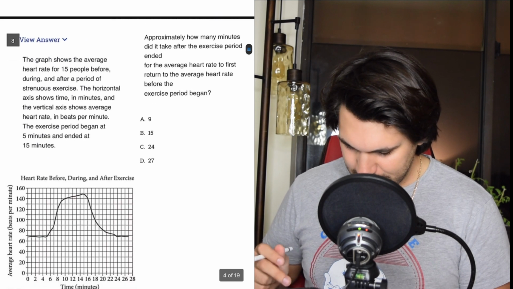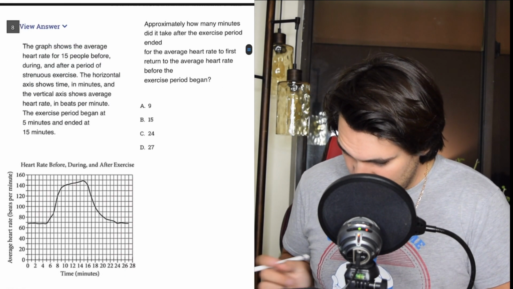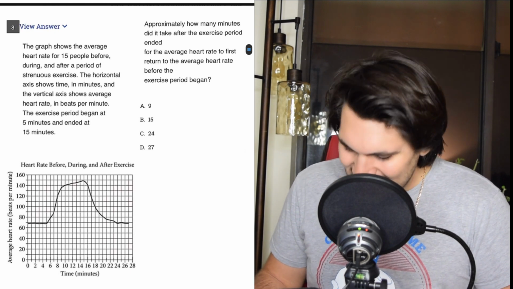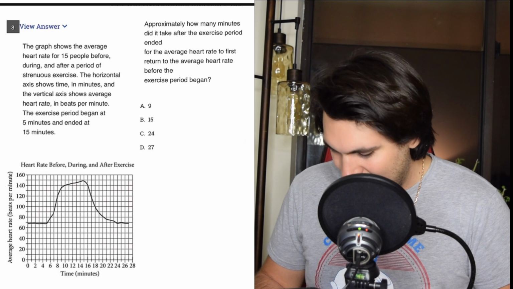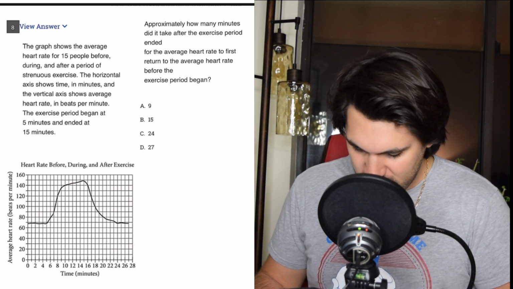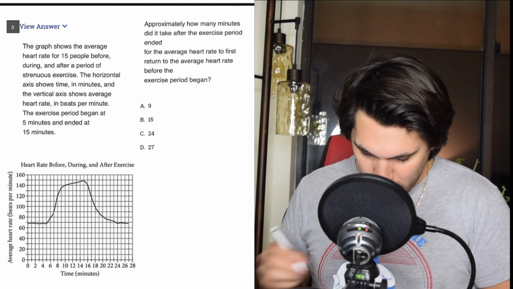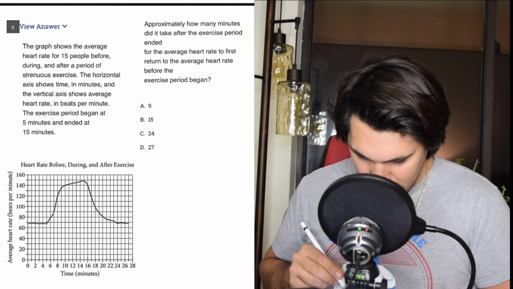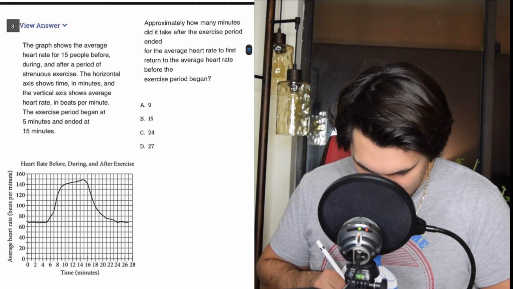Number 8. Okay, we have a funky graph over here. Approximately how many minutes did it take after the exercise period ended for the average heart rate to first return to the average heart rate before the exercise period began? Before the period began, it was at 5 minutes, so it was right here.